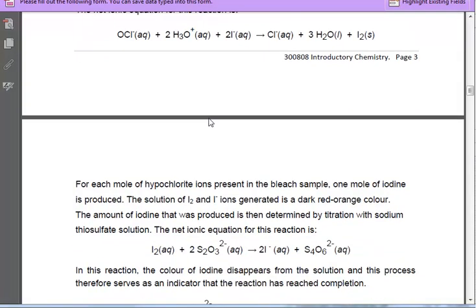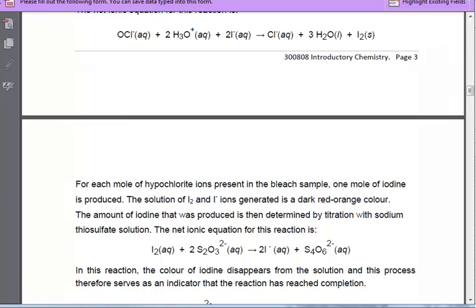And then what we're going to do, you see how the hypochlorite forms iodine in a ratio 1 to 1. So for every mole of iodine that's formed, it came from 1 mole of hypochlorite in the bleach. If we then remove the colour by quantitatively titrating with sodium thiosulfate, we can work out how many moles of iodine were there, and from that work out how many moles of hypochlorite were in the original solution.